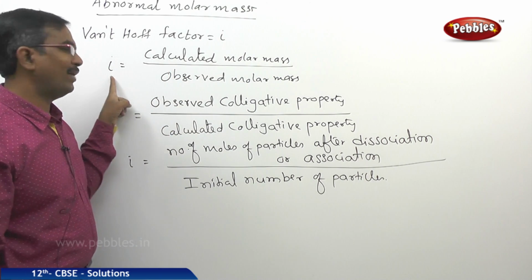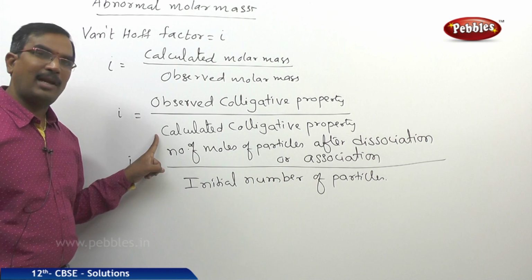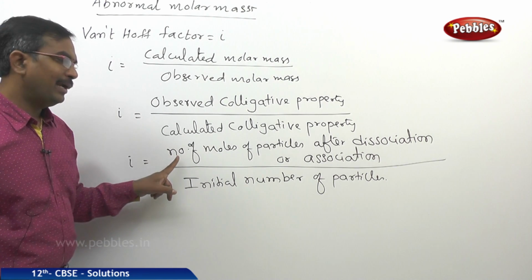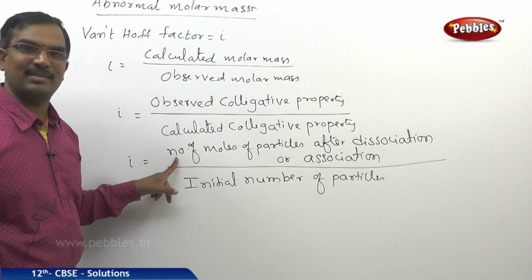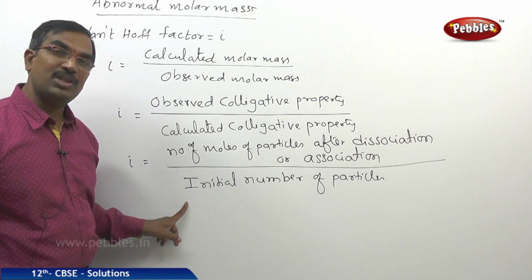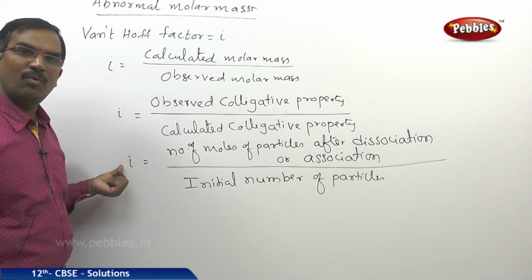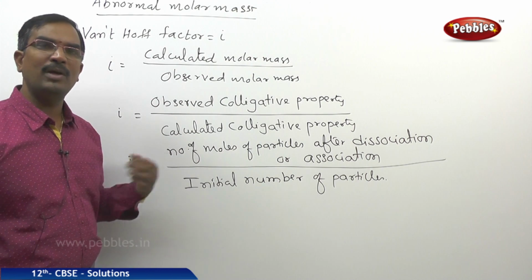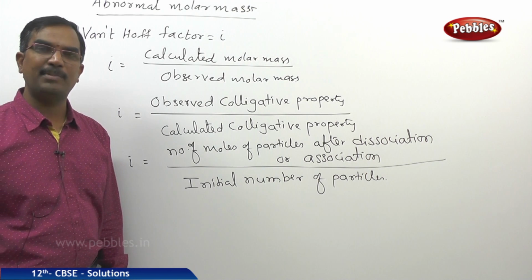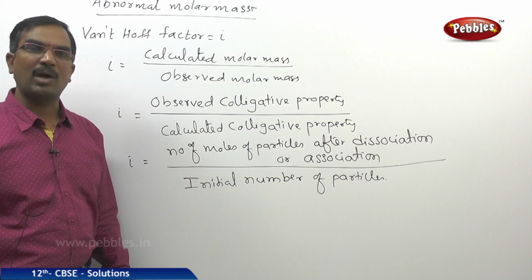Based on these values, if you know the calculated molar mass and also the observed molar mass, we can get the Vant Hoff factor. Or else if you know the observed colligative property and also the calculated value of the colligative property, we can get the value of I. At the same time, if we know the number of moles of solute particles after dissociation or association, and also the initial number of particles before dissociation or association, from these we can calculate the Vant Hoff factor I. So once we know this, we can come to a conclusion about what happens to the value of I. The same value of I is generally introduced into the corresponding colligative properties.